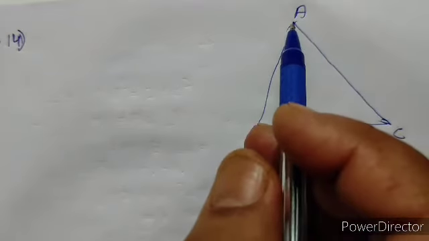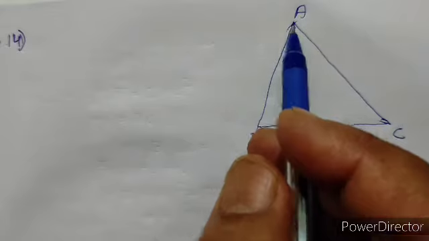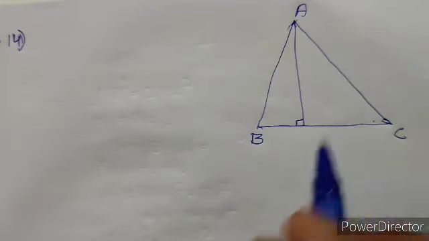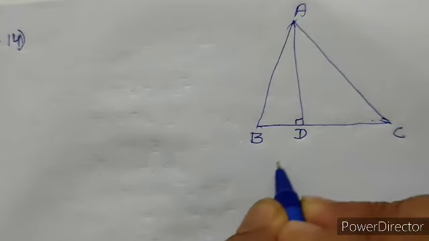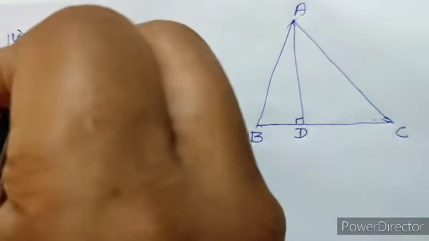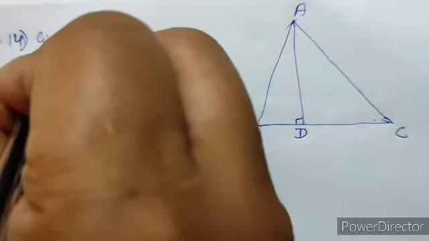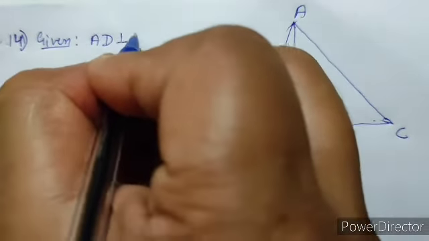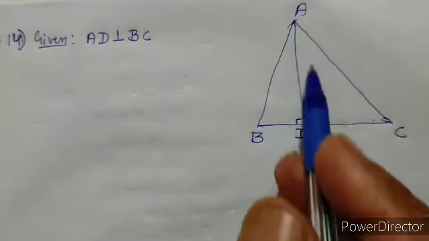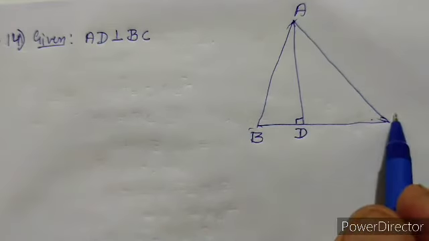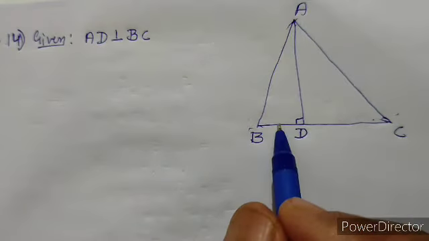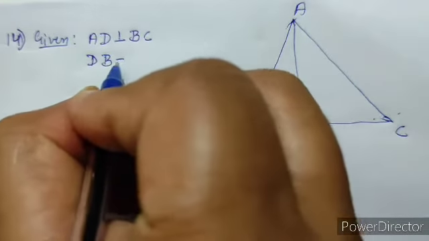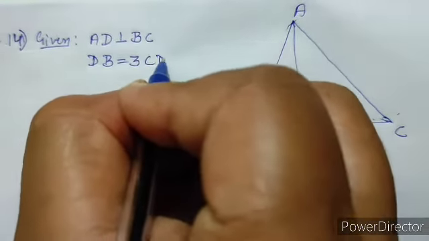The perpendicular from A on the side BC of a triangle ABC intersect BC at D such that, now it is given to us that AD is perpendicular to BC and DB is equal to 3CD.